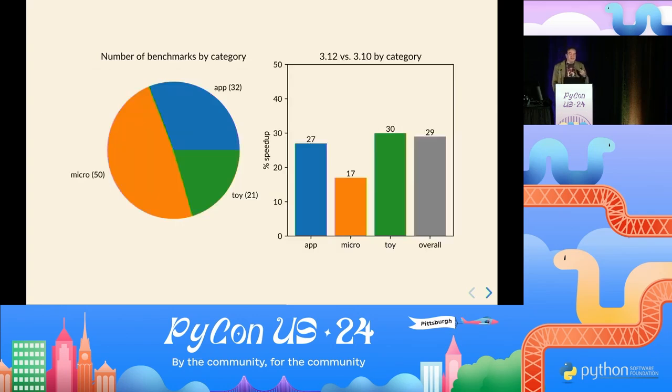And so if you take the benchmarks in the suite and you organize them by these categories, so application, toy, and micro benchmarks, you see that about half of our benchmarks are micro benchmarks, which is probably not great for measuring the overall increase in performance. But if you actually look at the changes, when you take the mean of everything, it's actually pretty close to what you get for the application benchmarks.